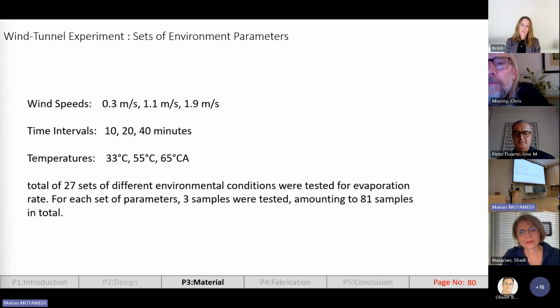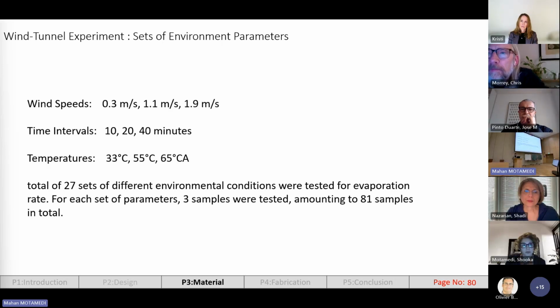We have 3 different wind speeds, different time intervals, and three different temperatures. Using 9 different parameters, we can set 27 different environmental conditions. For each environmental condition, we examine 3 samples. So overall, we have 81 samples to evaluate the evaporation rate in 27 different conditions.